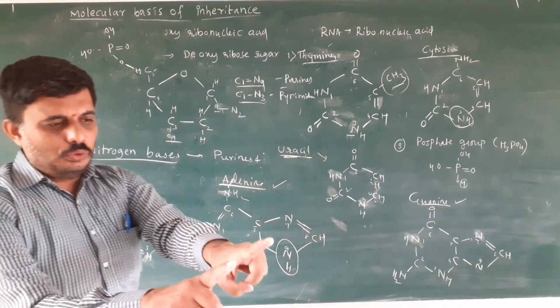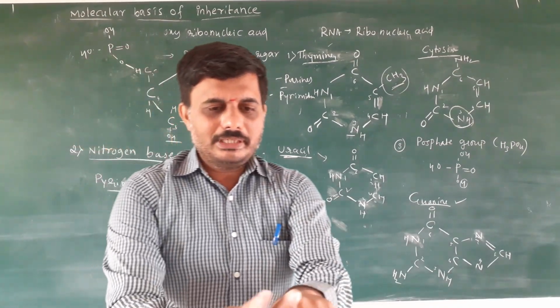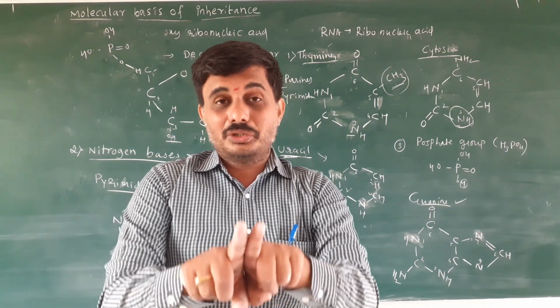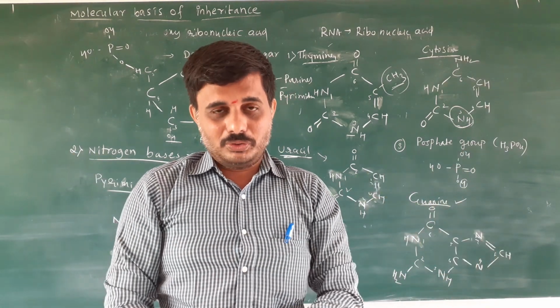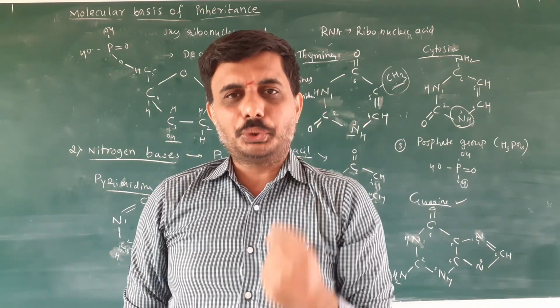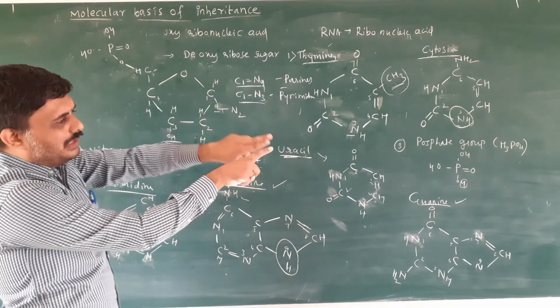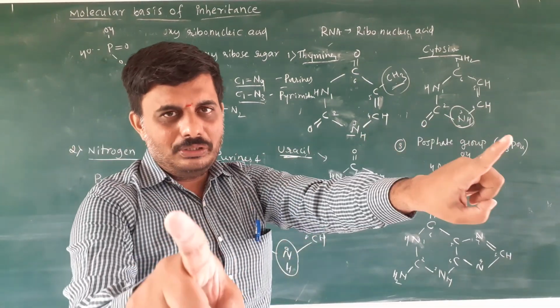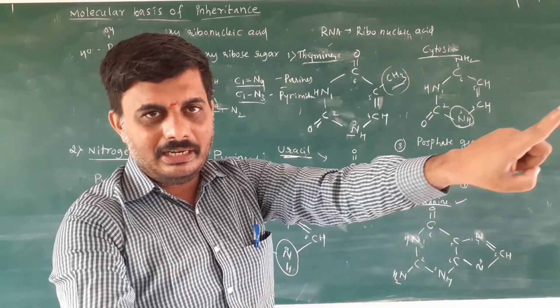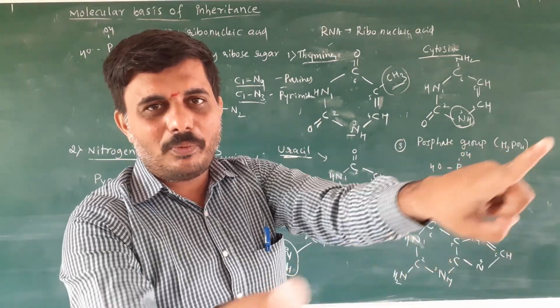This is called the nucleotide. When two nucleotides bind, two ester bonds are formed, so it is called a phosphodiester bond. Di means two. When one nucleotide is attached to the other nucleotide, two ester bonds are formed.